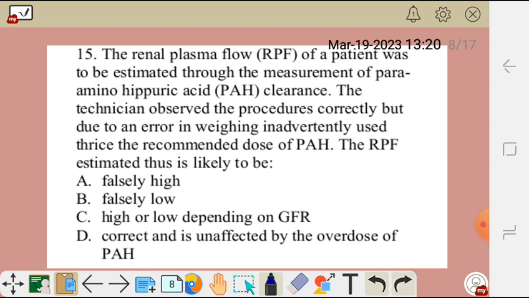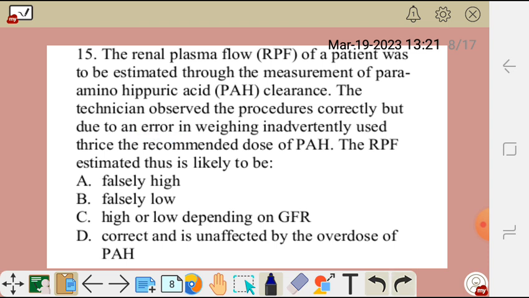So this question is saying that there is a technician who wanted to determine the renal plasma flow. What he did was use para-aminohippuric acid, and there was a mistake, an error which he made.